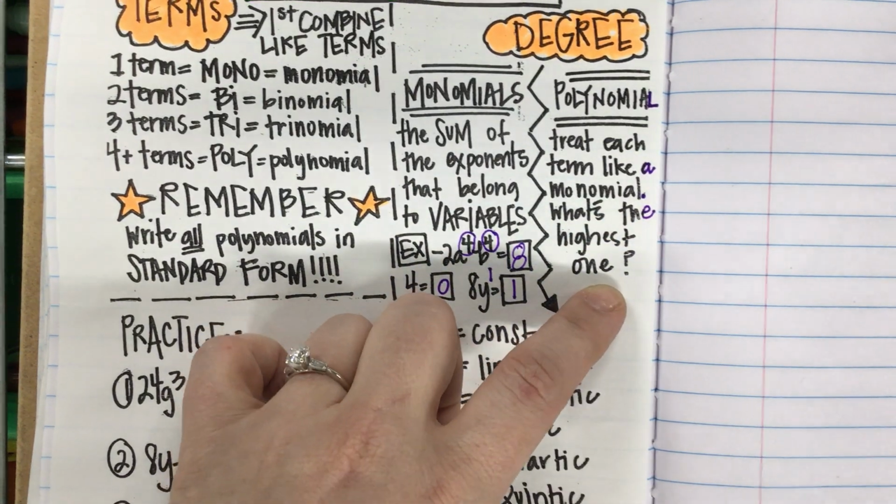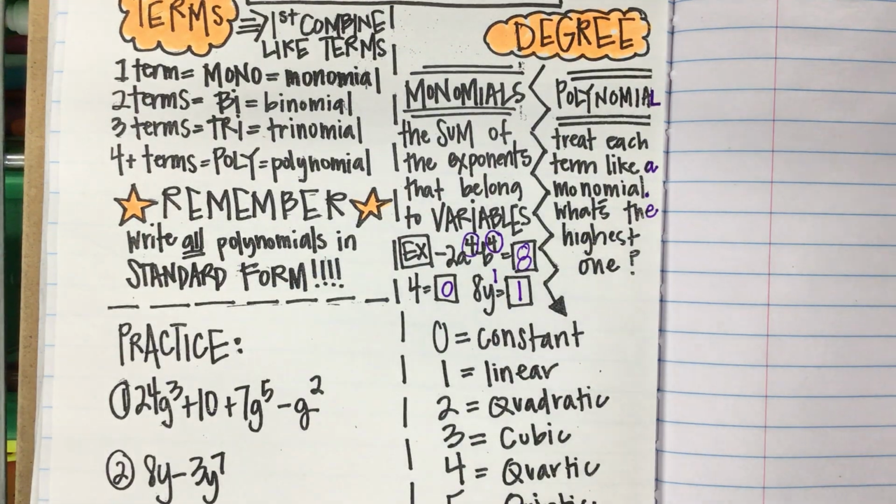If it's a trinomial, there are 3 pieces. You look at each piece and ask which one has the highest degree. That's the degree I'm going to go with. If it's an 8-term polynomial, you look at each one and ask which is the biggest degree. That's what I'm going to call this.